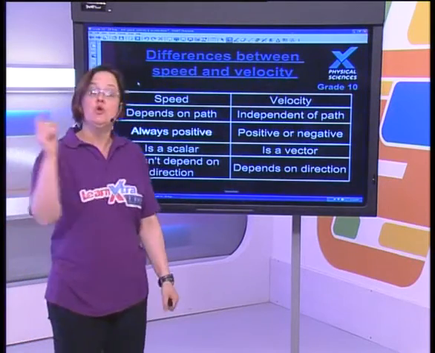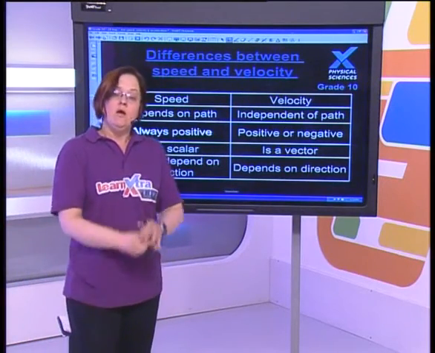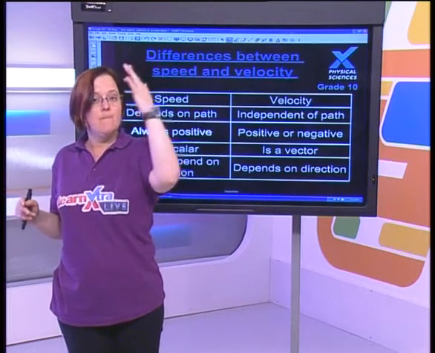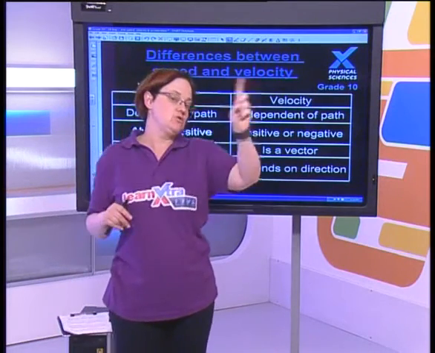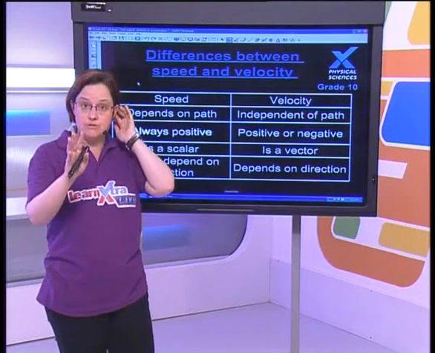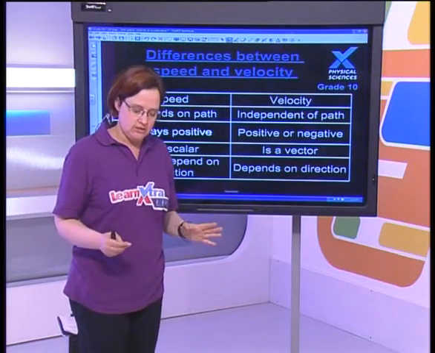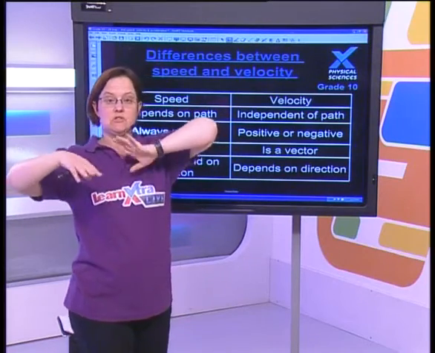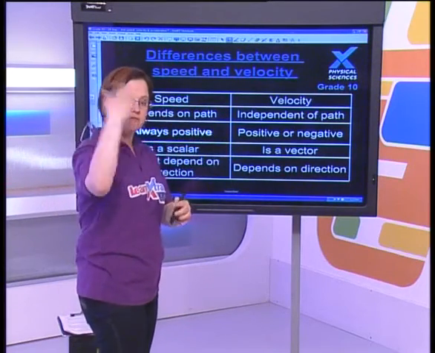Velocity absolutely depends on direction. Whatever direction your displacement is in, most of the time that's the direction your velocity will be in. Why am I only saying most of the time? Actually no, it is the same direction; ignore what I just said, I'm thinking of acceleration.